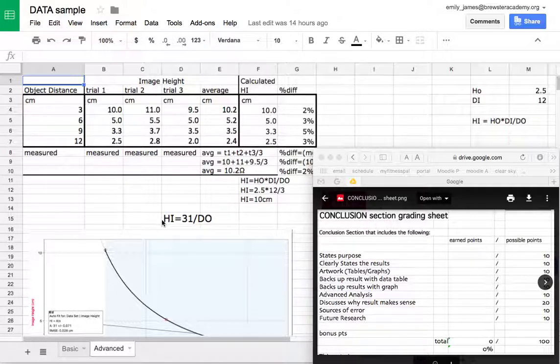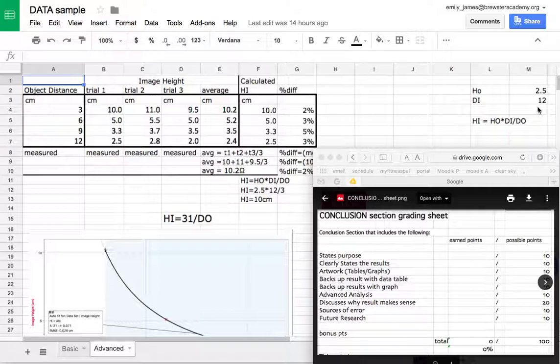When we look at the equation of the graph, we get Hi equals 31 over Do. What could that 31 be? Well, when we analyze ray diagrams, we see that it's likely Ho times Di. Now, Ho was 2.5 and Di was 12. And 2.5 times 12 is awfully close to 31. So talking about things of that nature is what I'm expecting.